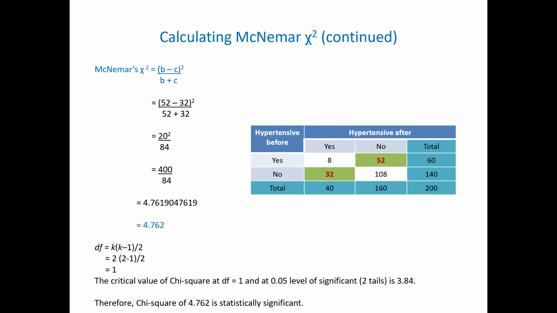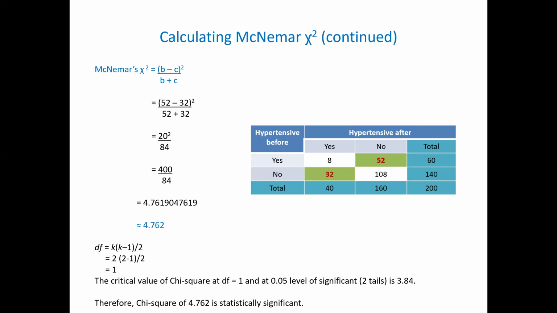Intelligent people have discovered over the years that you can just say B minus C, squared, over B plus C. It doesn't matter which one is greater, because the numerator is squared, so the negative cancels when you square it. B minus C squared over B plus C.